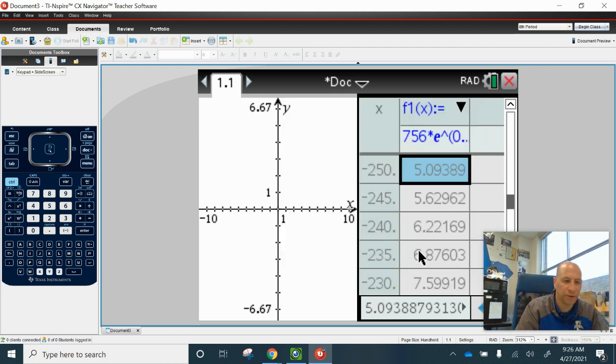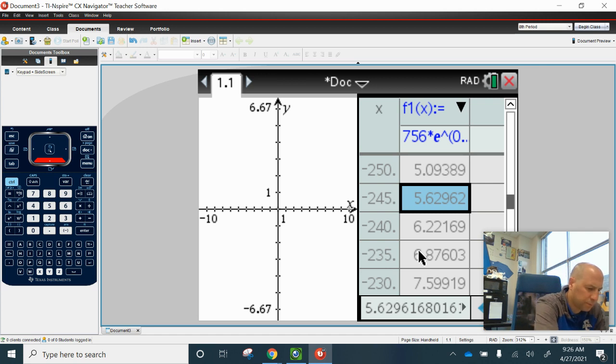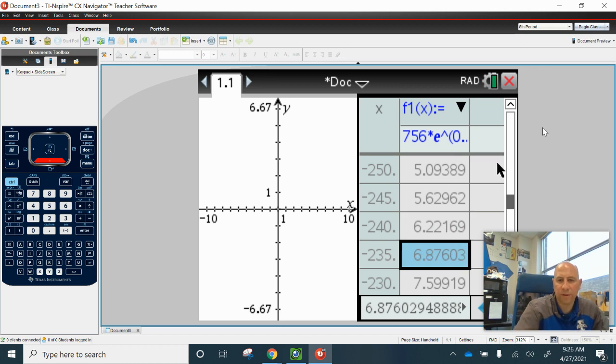So negative 250 is 5.09. Negative 245 is 5.6. Again, you're just going to have to approximate. Negative 240 is 6.2. Negative 235 is 6.8.